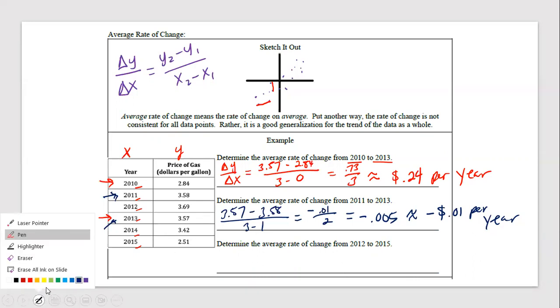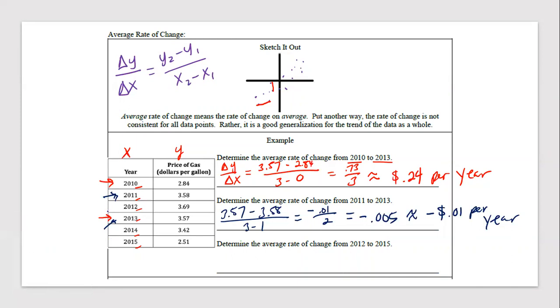And then if we did the last one, 2012 to 2015, you had $2.51 minus $3.69, and then you had 5 minus 2, which equals negative 1.8 over 3.